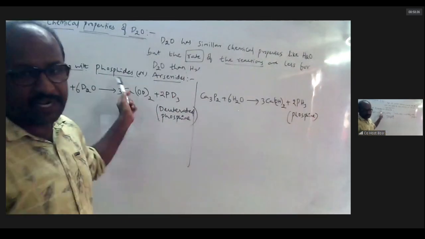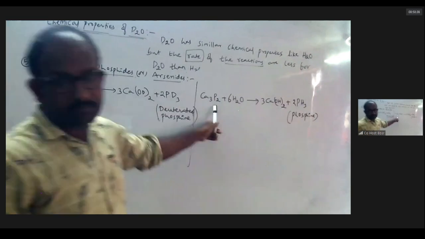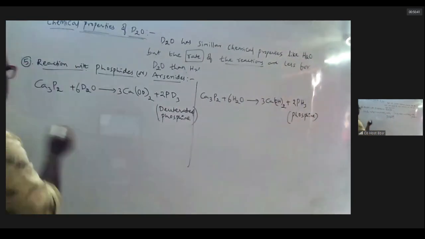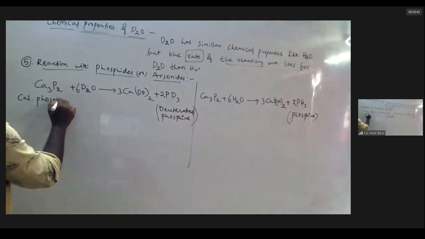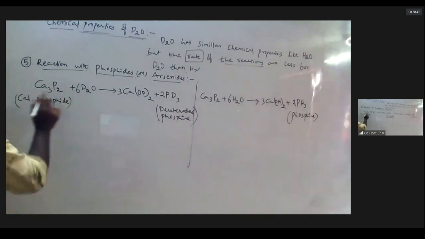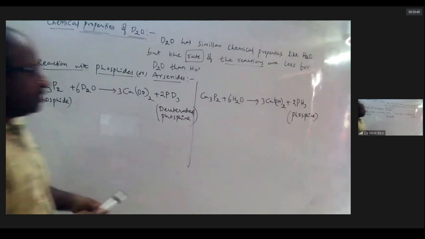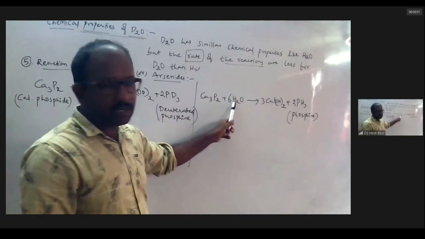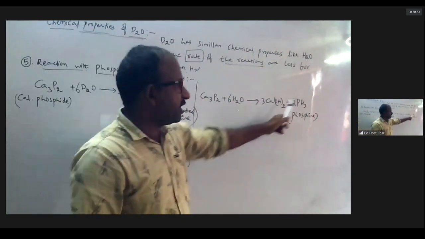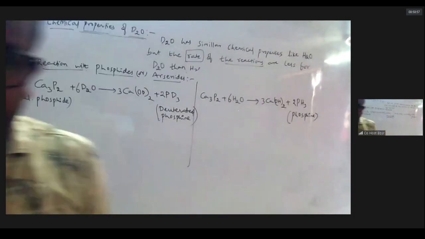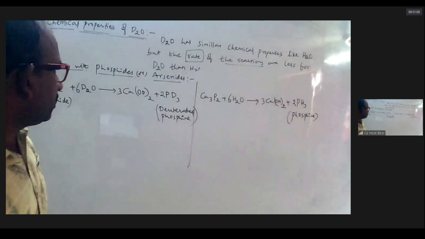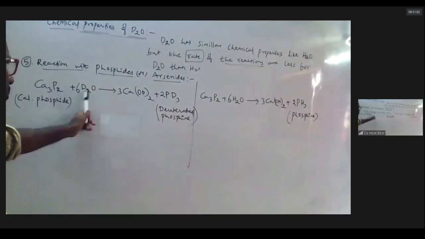Calcium phosphide reacts with water, forming calcium hydroxide and phosphine, PH3. What do we call PH3? Phosphine. So same reaction, place D in place of hydrogen.